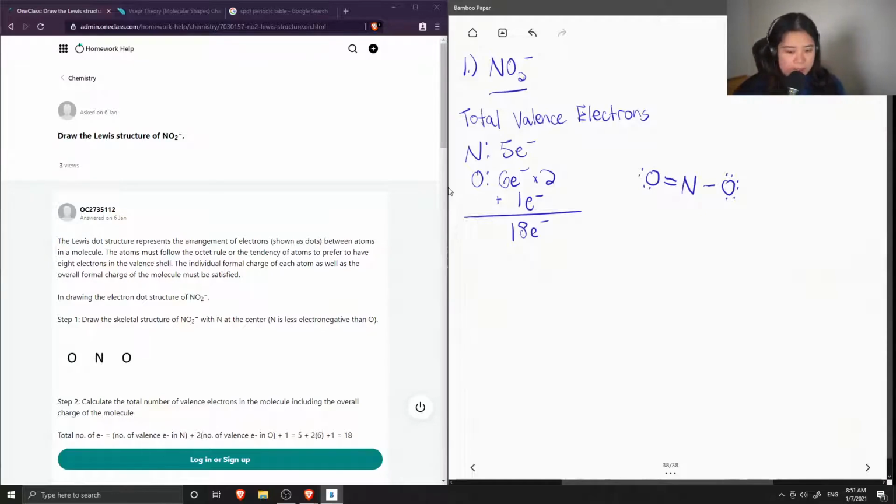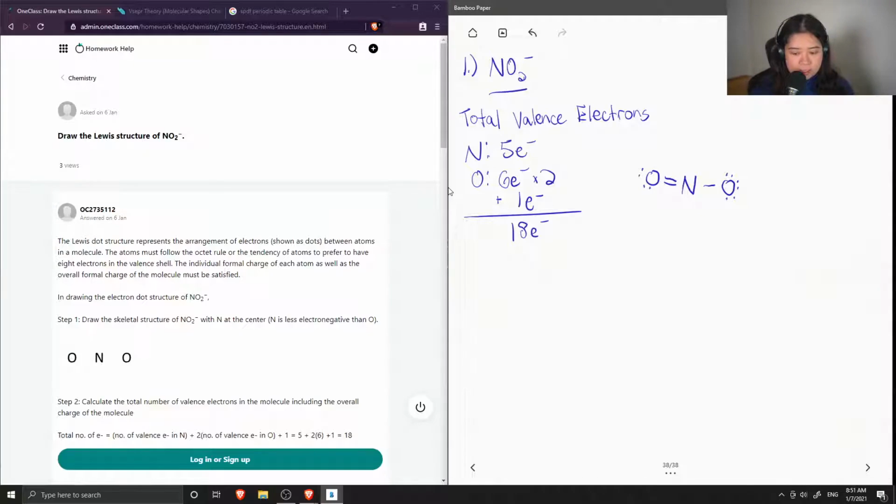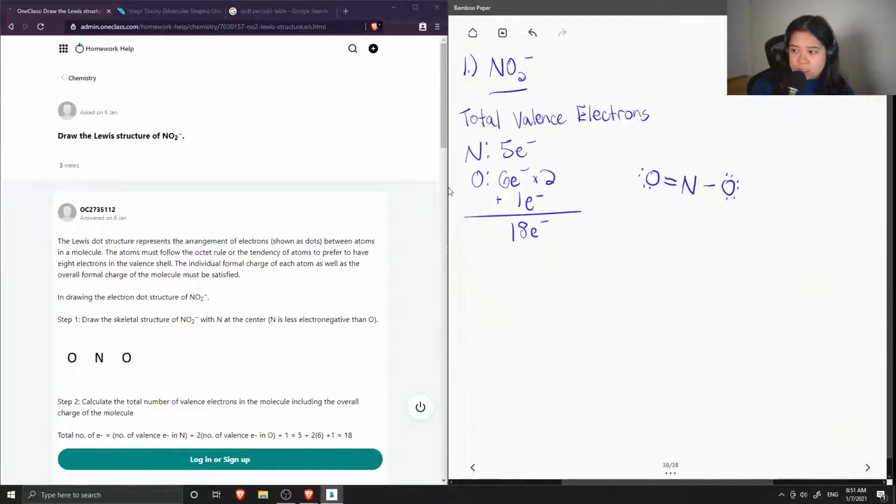At this point of drawing, I like to see how many electrons I've drawn down so far. If we recall that each bond contains 2 electrons, and we have 3 bonds, I have so far drawn 6 electrons participating in the bonds, and now I'm going to count my lone pairs. 7, 8, 9, 10, 11, 12, 13, 14, 15, 16.